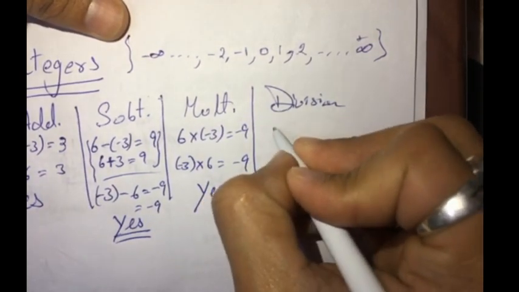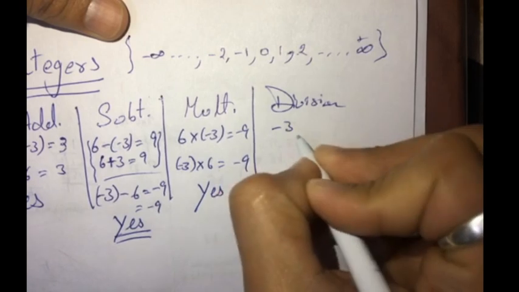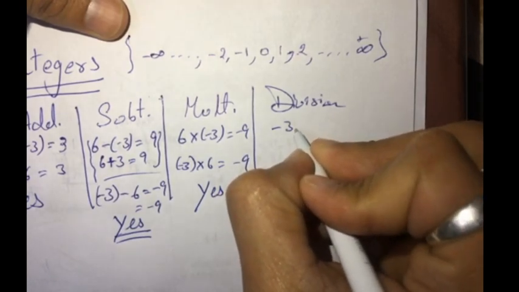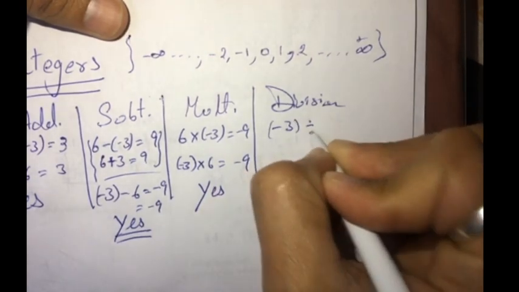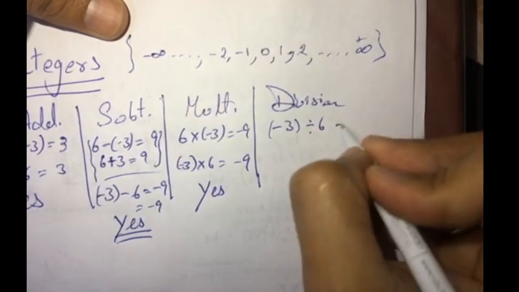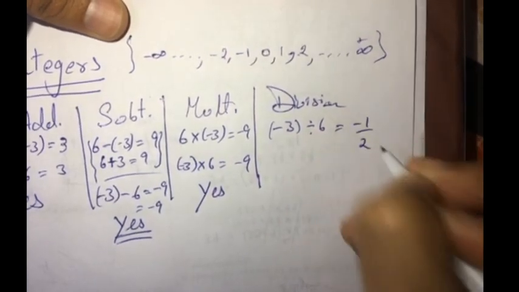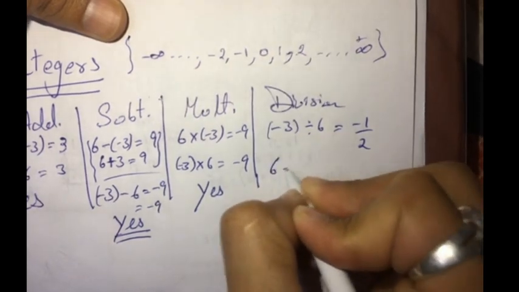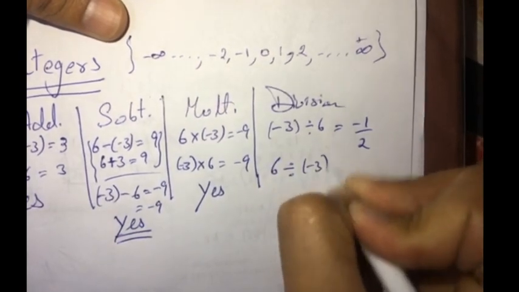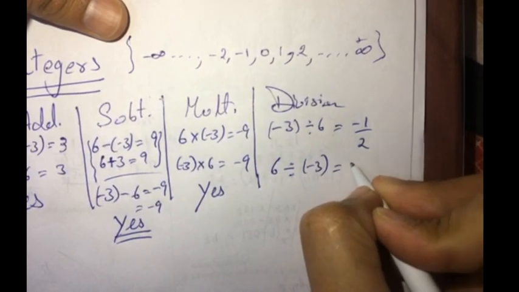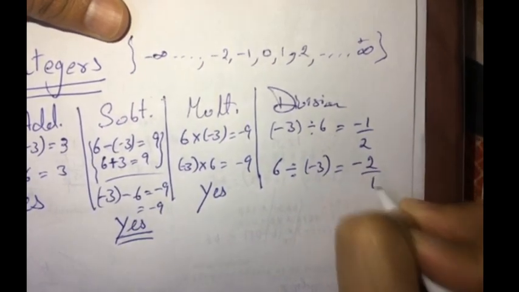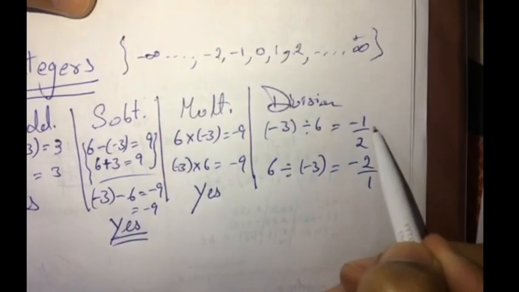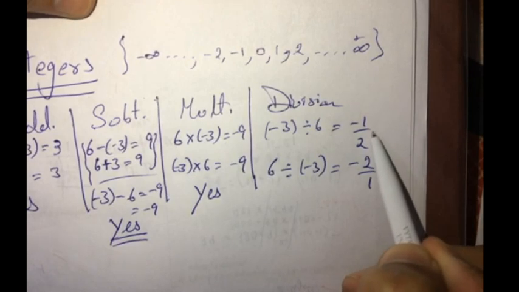Now in division, if I write minus 3 divided by 6, it will give you minus 1 by 2. On the other hand, if I write 2 divided by minus 3, it will give you minus 2 by 3.